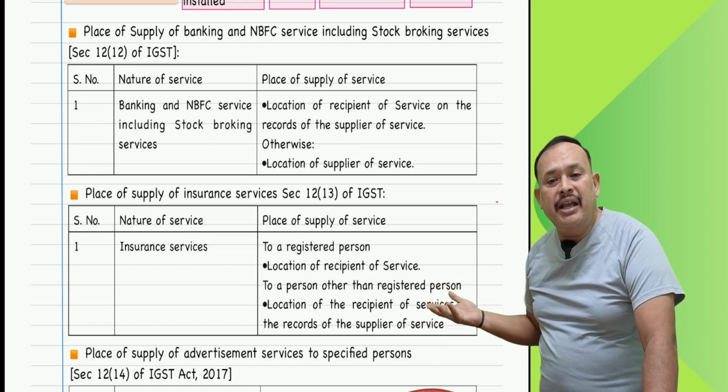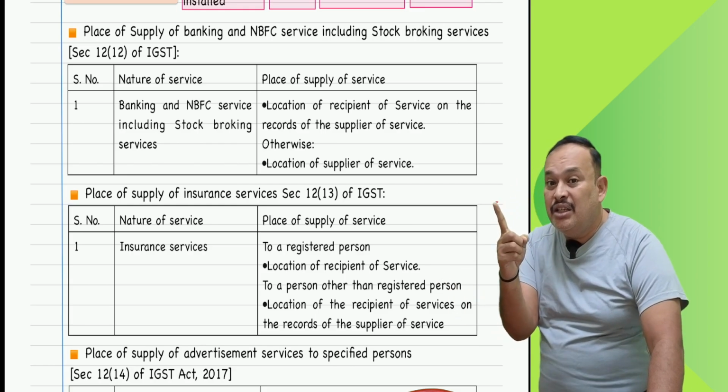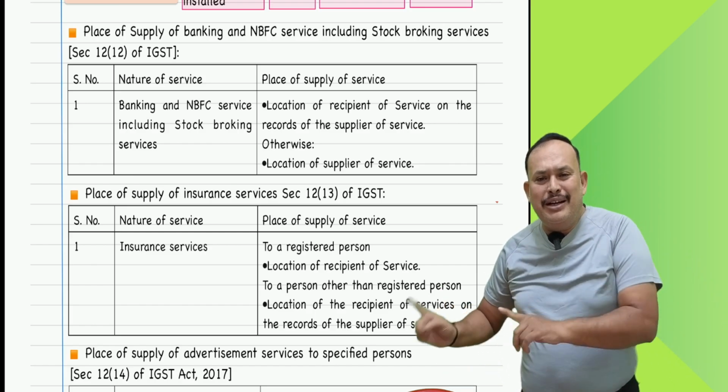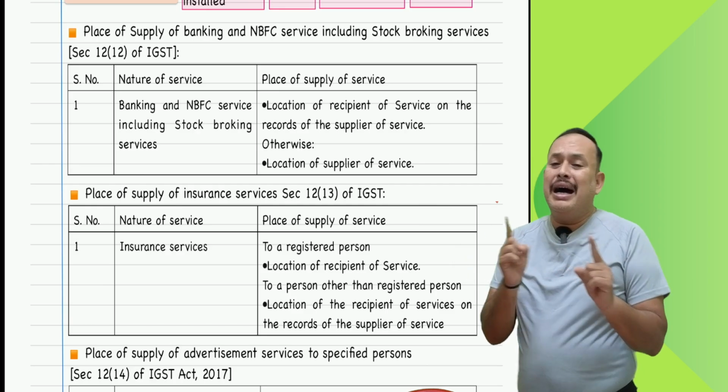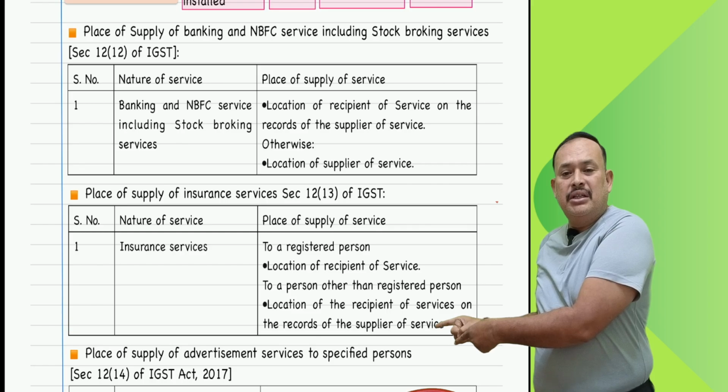So IRDA provision says, hey, insurance company, you cannot provide services to an unknown person, to an unknown place. Either you provide to a registered person or to an unregistered person whose address should be available in your books.